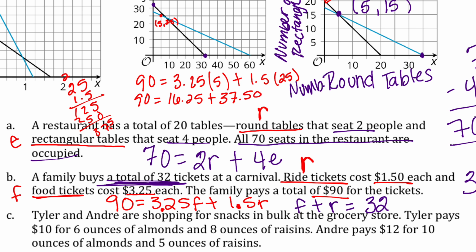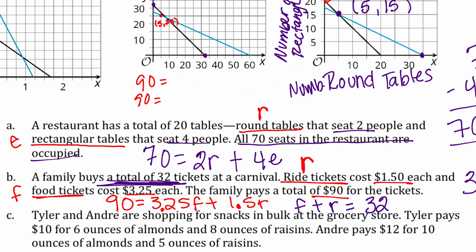I did do that math right, correct? Let's flip those numbers because that was not enough money. So 325 times 25 plus 1.5 times 5. I'm going to do this real quickly.